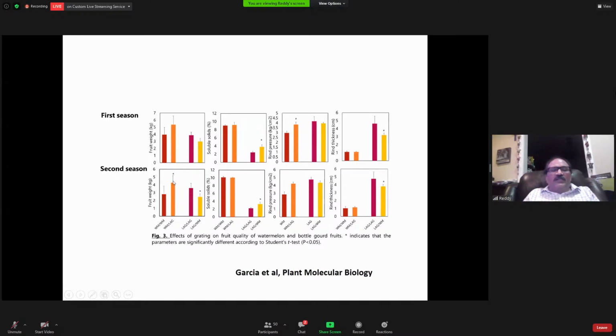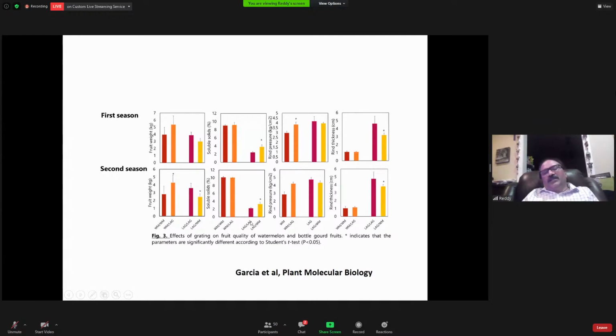You see the fruit size increased once we grafted. Similarly, in both seasons fruit size increased. If the Lagenaria is grafted on the watermelon, the fruit size is decreased. The bottle gourd size is larger, right? Similarly, the soluble solids, that is the sugar, watermelon is sweeter, but the grafting did not make any change.